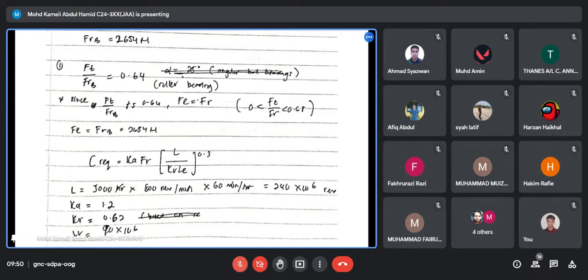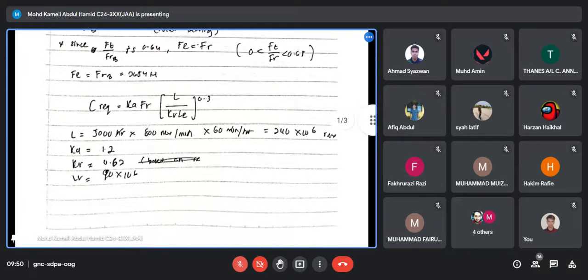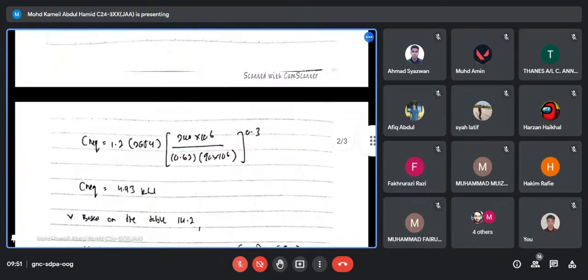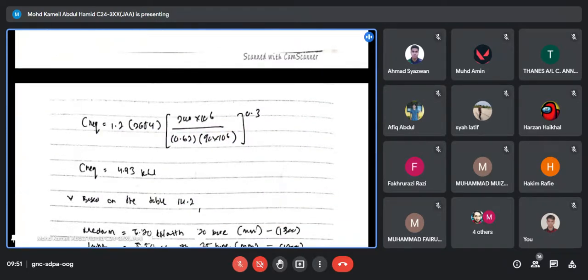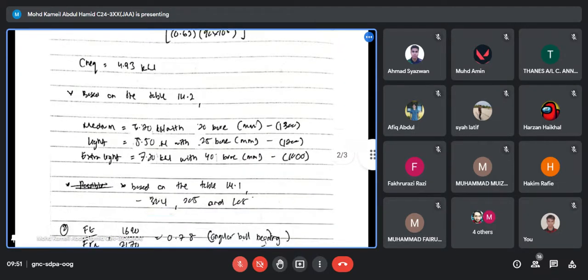So FE equals FR, and you get 4.93 kilonewton. Okay, this is exactly right, 4.93. So 20, 25 and 40. Okay, that's good.